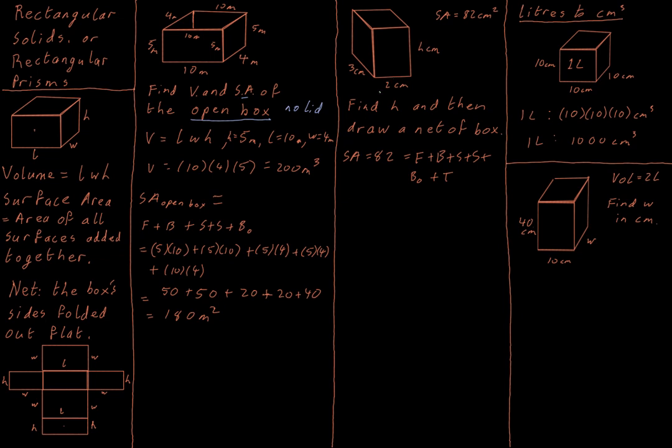So 2 multiplied by h gives me the front of the box, and the back of the box would be the same. And the sides of the box will be 3 by h.